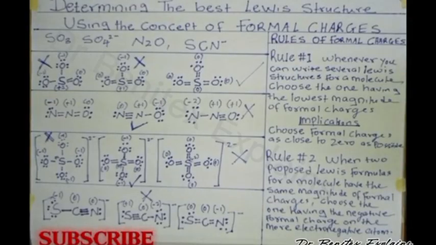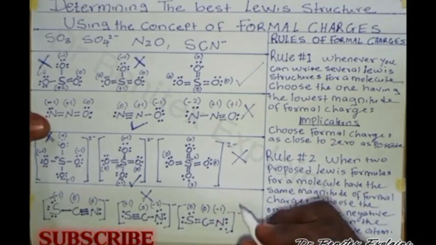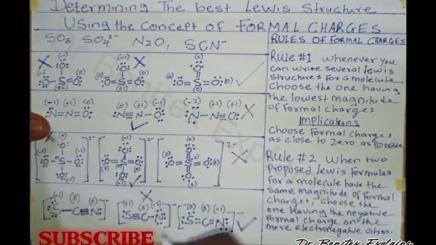So the question now is, which of them has a negative formal charge on nitrogen? The correct answer is this Lewis structure. So this Lewis structure is correct. While the first one here is not correct. So this is how to use formal charges to decide which Lewis structure is correct.